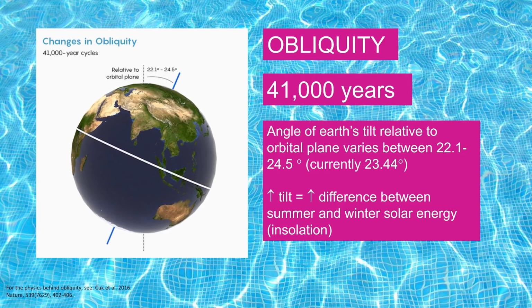What that tilt can do is cause more extreme differences between summer and winter conditions of solar radiation. If it's nearly straight up, there's not going to be much difference between summer and winter. But if the planet's really tilted, there's going to be a much larger difference in how much energy is being received by a point of the Earth between summer and winter.